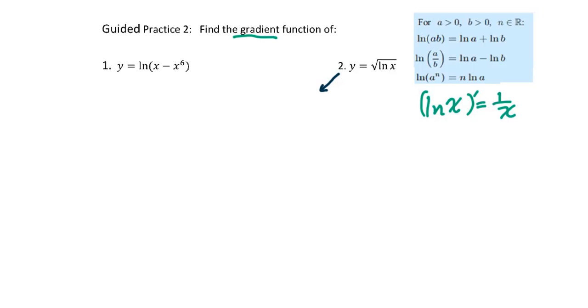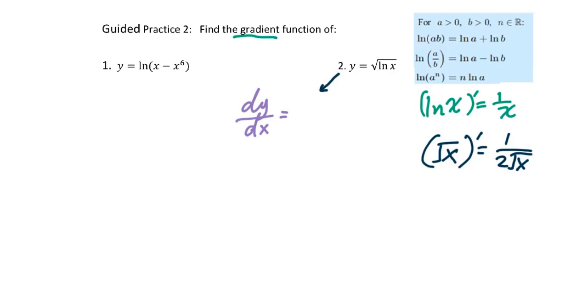Let's go to number 2. For number 2, we know the outer function is a square root function. So we use the derivative of square root of x, that is 1 over 2 square root of x. Therefore, for dy by dx equals 1 over 2 square root of natural log of x.